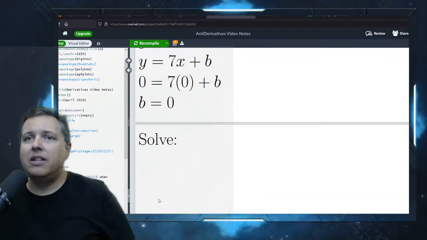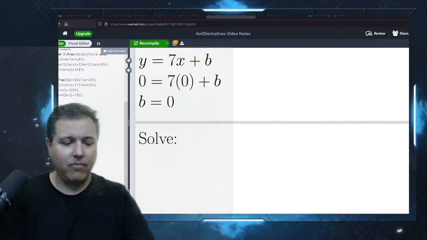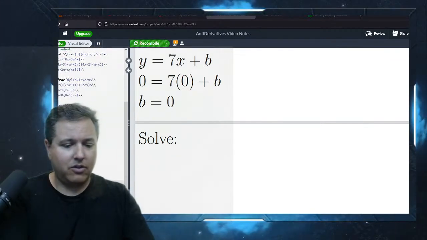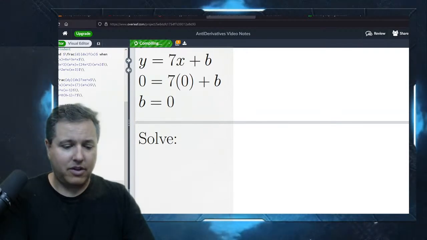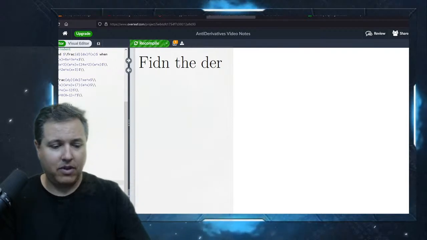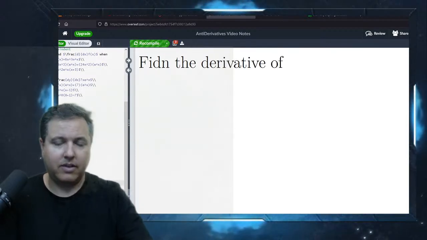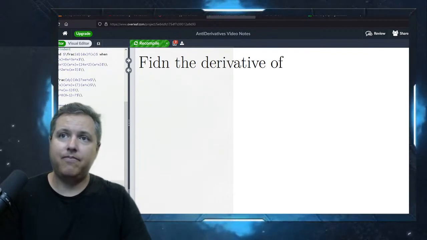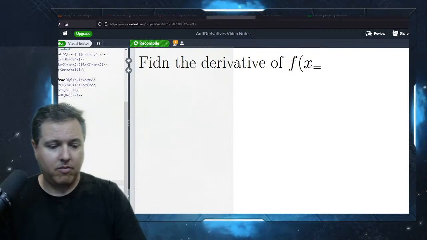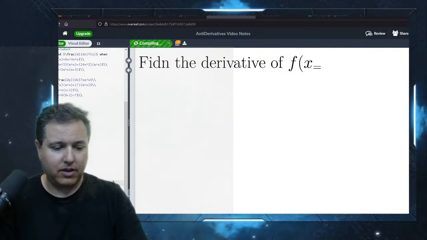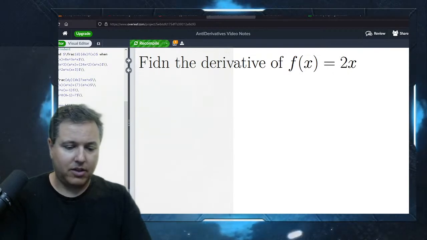antiderivatives, right? So for example, let's do this. Let's say find the derivative of f of x equals 2x cubed minus 4x plus 8.